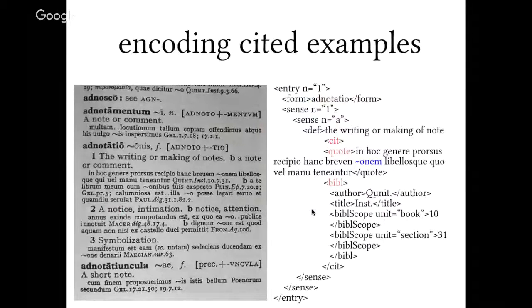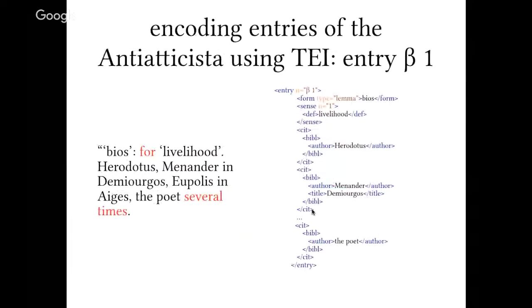Now we will go over and try the same module in order to annotate some of the entries of the lexicon of Antiatticista, as I said. First of all, I will read for you the first entry I've chosen, and try to explain it a little bit. The headword reads bios.